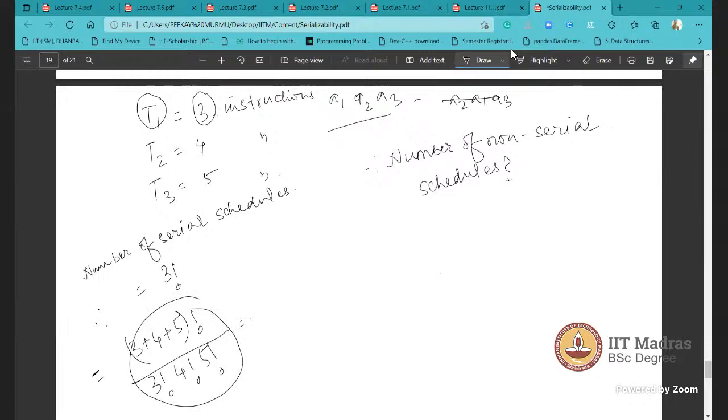What is that value? 27720. This is the total number of combinations, and you have to find the number of non-serial schedules. So from the total combinations, you subtract the serial schedules.